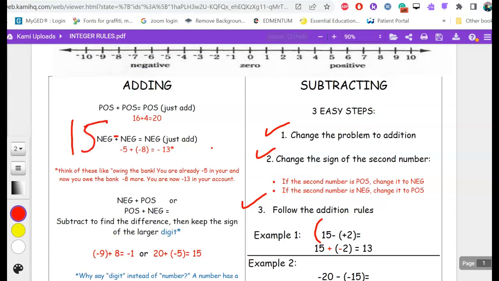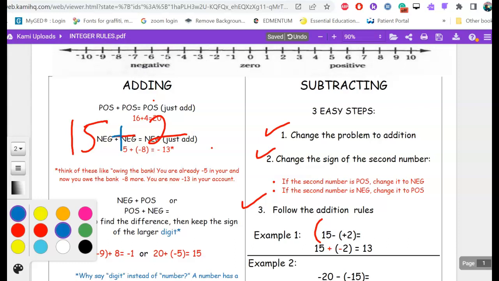I have 15 minus a positive 2. Rule number 1, remember, change it to addition. Rule number 2, change the sign of the second number. That second number is a positive 2, so if I change the sign, it becomes a negative 2. Rule number 3, follow the addition rules. What do we do when we have a positive plus a negative? We subtract. So we know that this is 13, and we keep the sign of the higher digit.